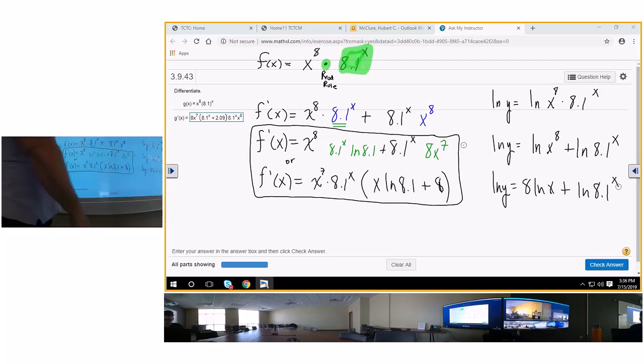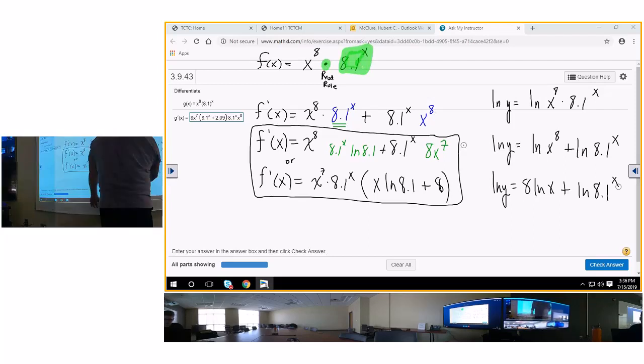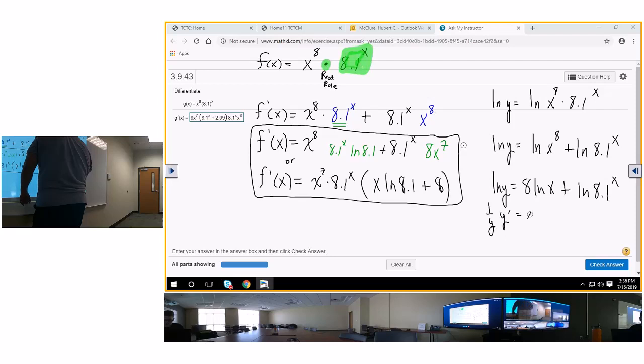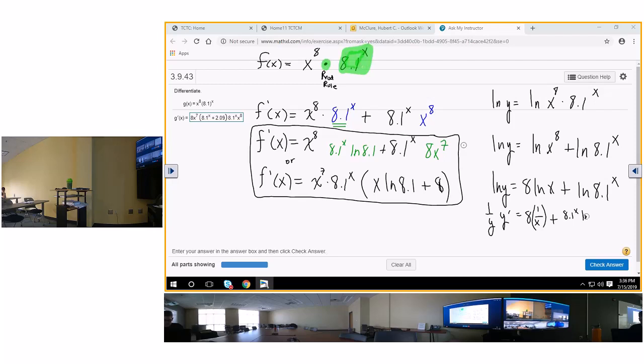So that's going to be 1 over y times y prime is equal to 8 times 1 over x plus what is the derivative of 8.1 to the x power?